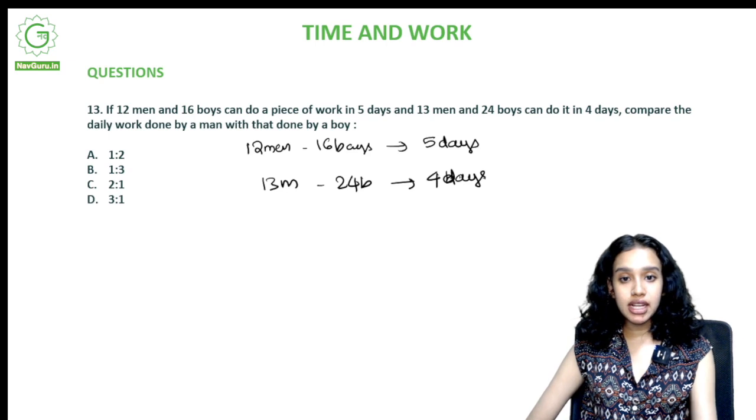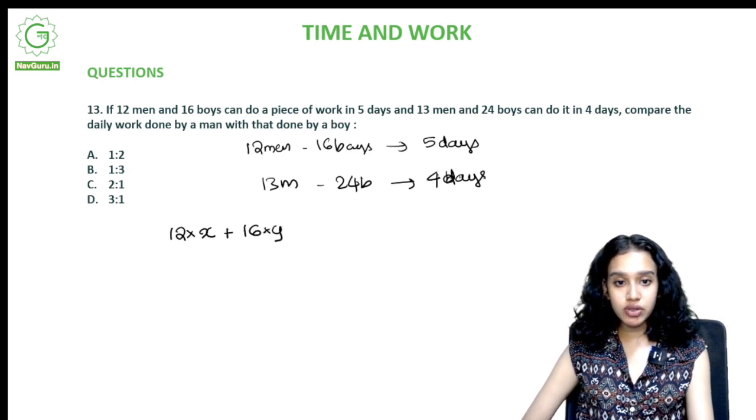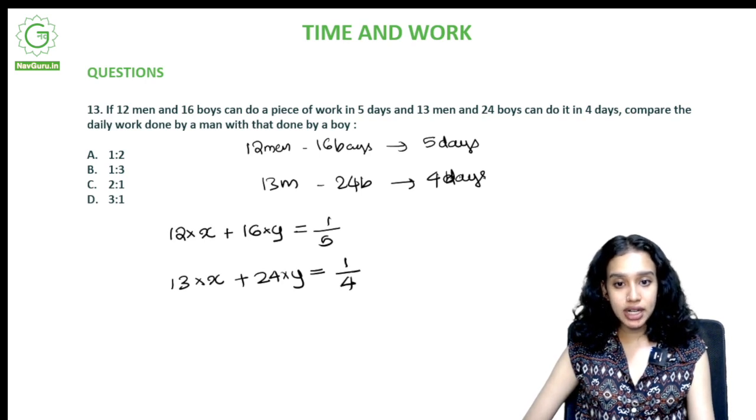So 12 men and 16 boys. Let's say 12 men do X amount of work and 16 boys do Y amount of work in a day, right? And in 5 days they get 1 by 5th of the work done in 1 day. And at the same time 13 men do X amount of work and 24 boys do Y amount of work, and they do 1 by 4th of the work in 1 day.